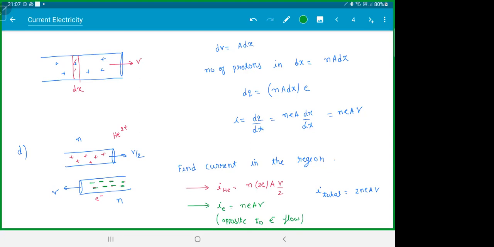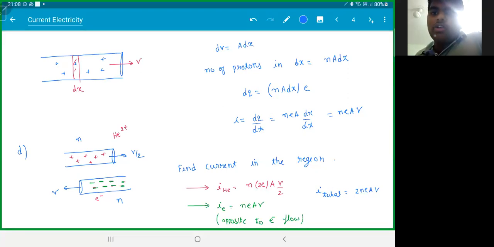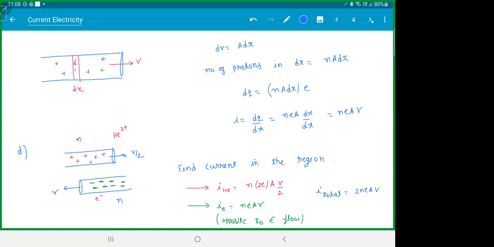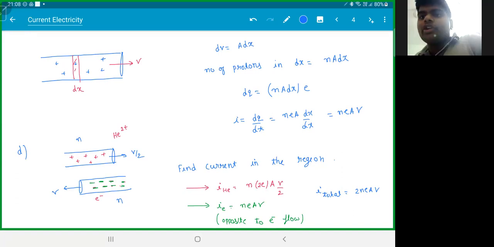Check it out. Next one. Sir, in this case, if the flow of electrons were opposite, then would you subtract? Sir, it will get subtracted, you told current is not a vector quantity. It will add only.